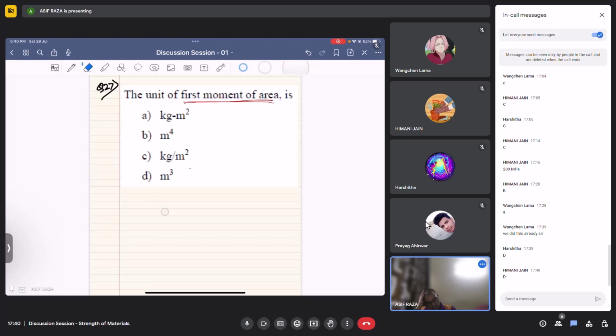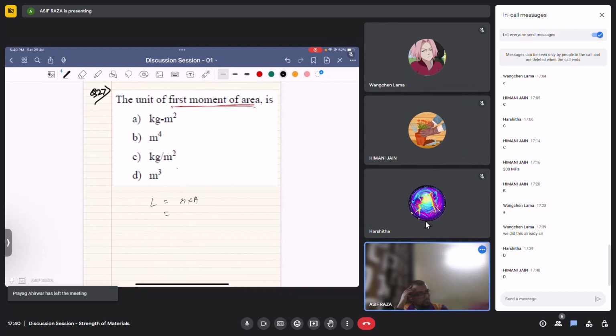First moment of area is r times A, and r has a dimension of length, so unit would be meter, and area has a dimension of length square, so it would be meter square, so this would be meter cube. As Harshita and Himani also gave the answer, its answer would be option D, meter cube.